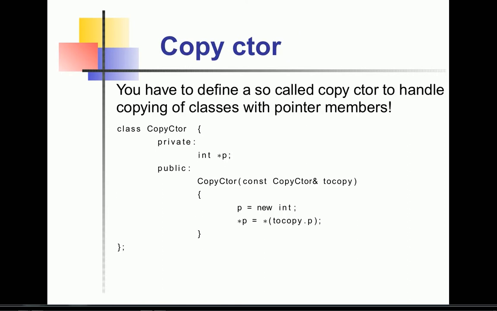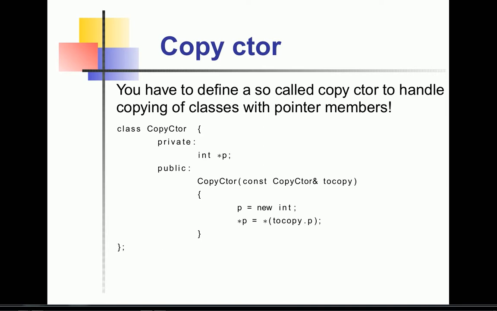If you want to copy custom classes that you create, you have to define a so-called copy constructor to handle the copying of classes if they have member pointers. So for example, the class copy ctor here has a pointer to an integer.